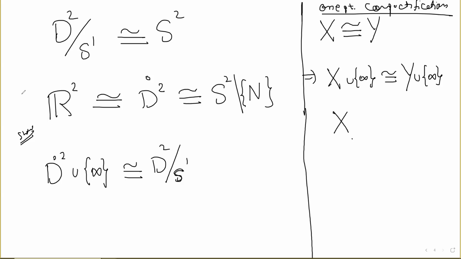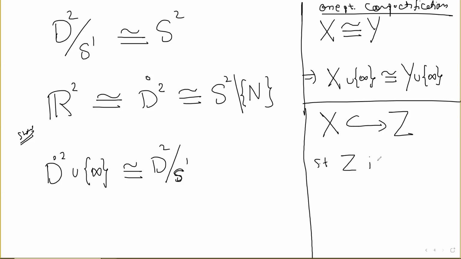Maybe I will not say universal property. I should just say it like this: suppose that X is sitting inside a space Y such that Z is compact and IX means the inclusion.